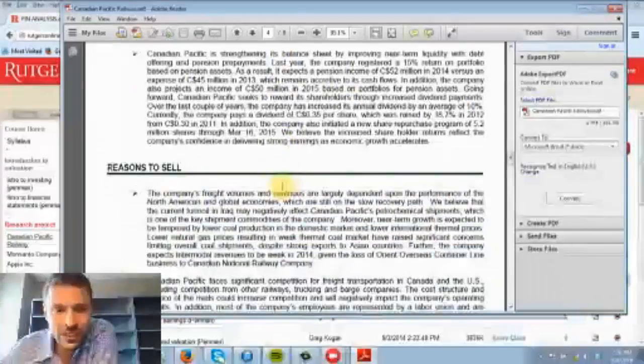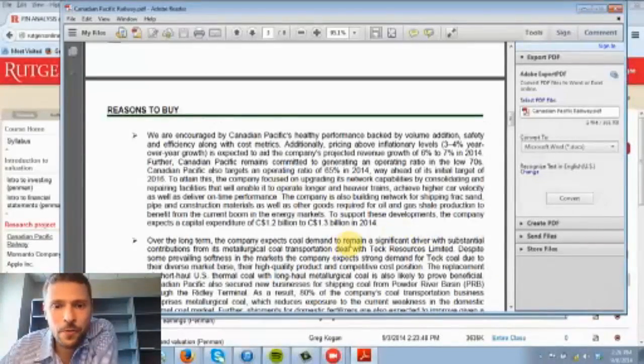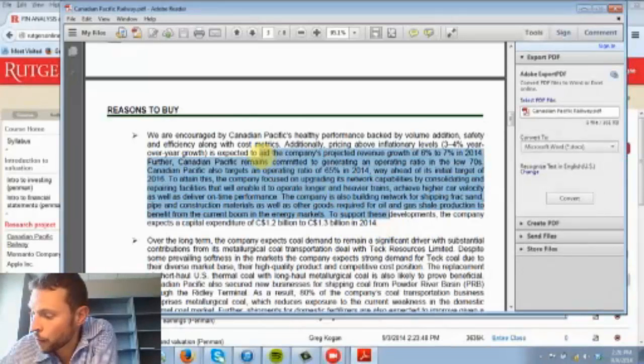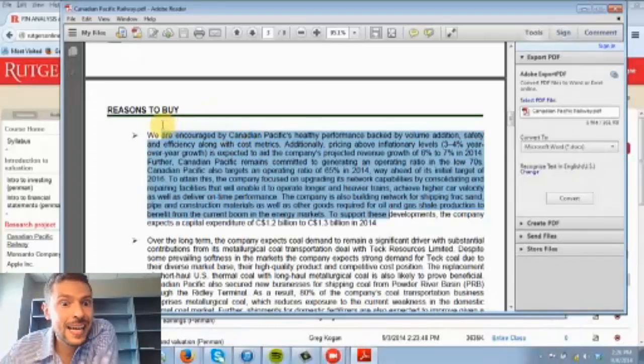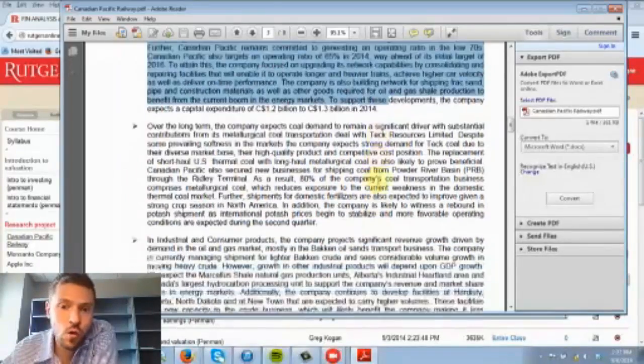And just start understanding the basic case for investing in this company long term, which is really the idea that the economy will be growing, specifically the food and commodity sector, and this company is in a tremendous position to take advantage of the transportation of the commodities that will be needed for this growth.